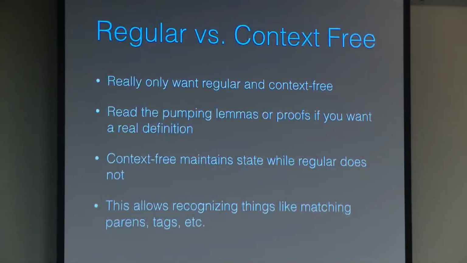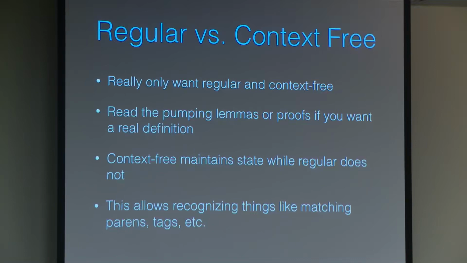So the main difference between context-free and regular really comes down to two things. There's a whole bunch of complex stuff you can go look up. You can look up proofs. You can look up a whole bunch more about this. But it really comes down to two things. One is you're always moving forward. You're not going to move back on the input. You're not going to rewind.